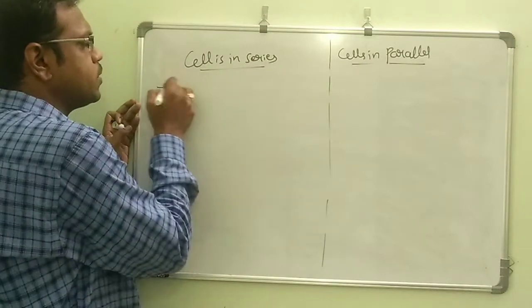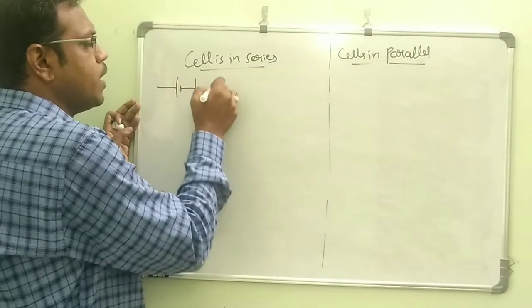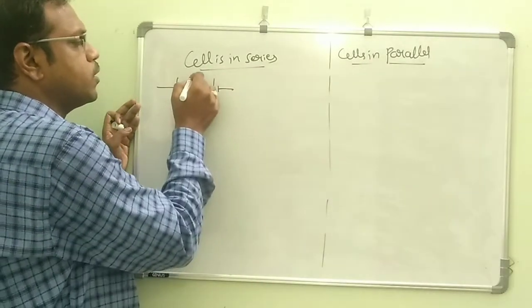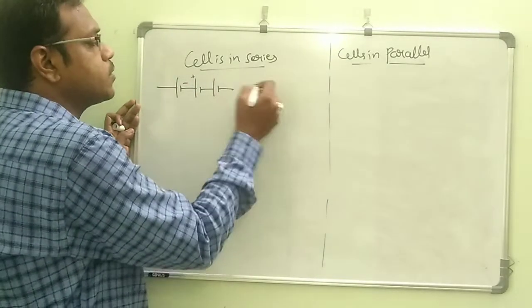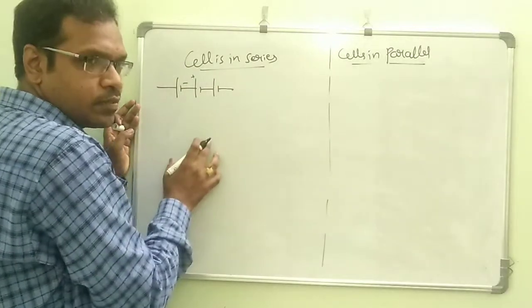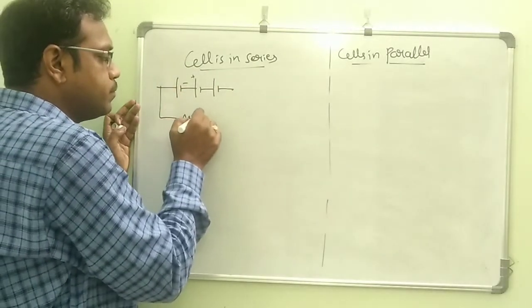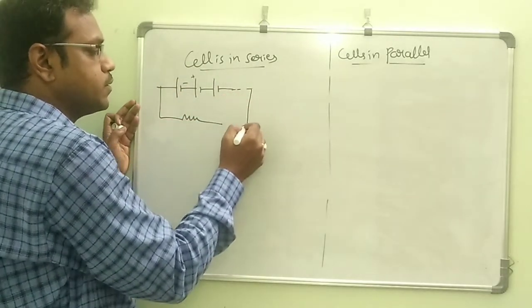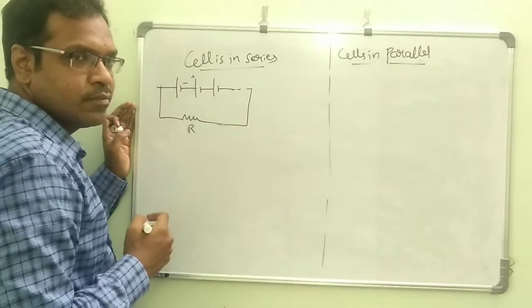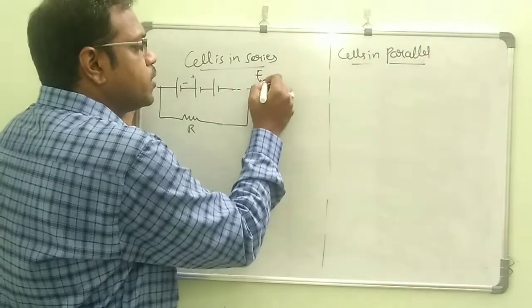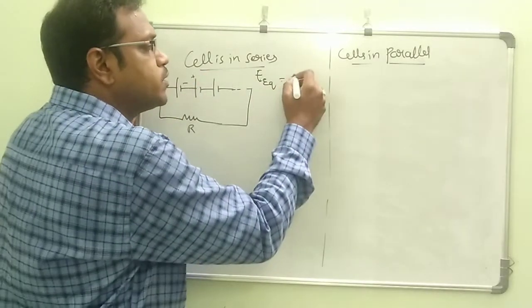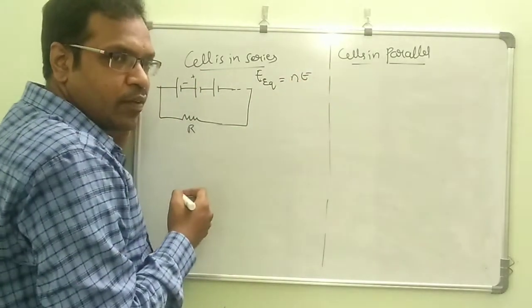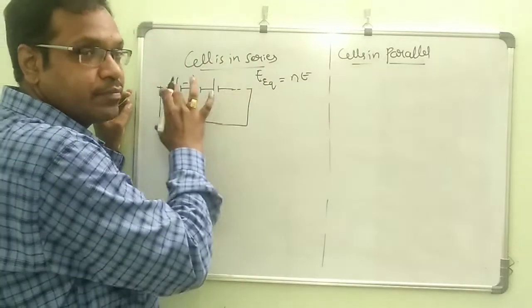Cells in series: suppose I am taking cells like this, negative is connected to positive, that is opposite terminals should be connected, and this is called cells in series. This is connected to one external resistance of R. What is the E equivalent for this one? If I use all the cells of same EMF, I have to use nE, the total EMF.